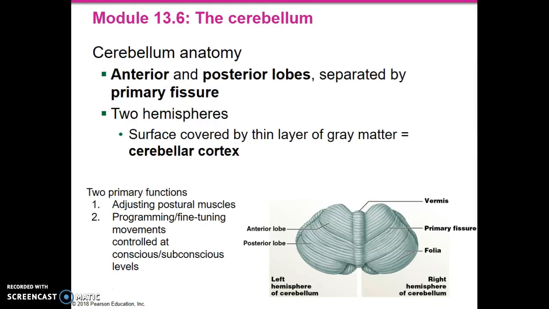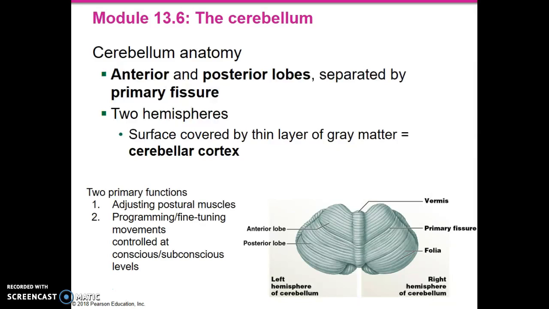The cerebellum is like the cerebrum in that it's got an outer layer of gray matter called the cerebellar cortex. It adjusts postural muscles and fine-tunes movements controlled at both the conscious and subconscious levels.